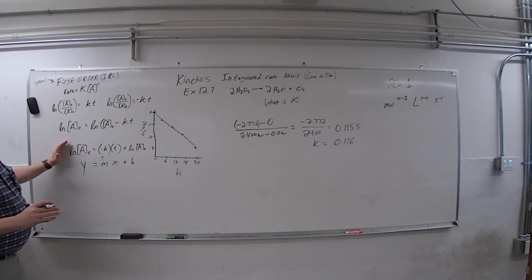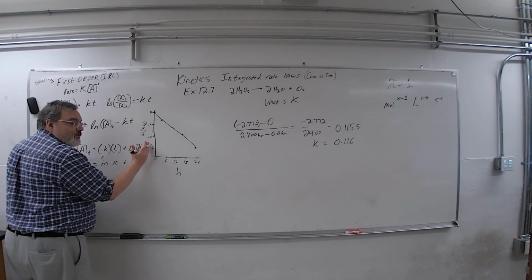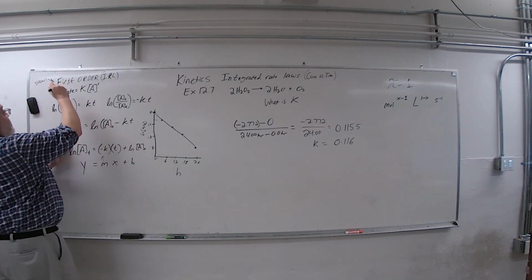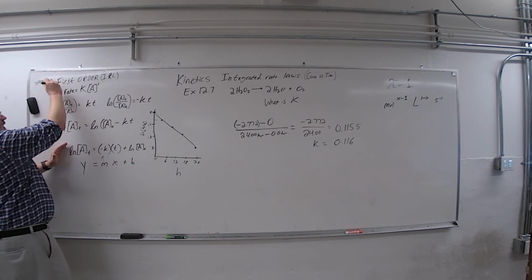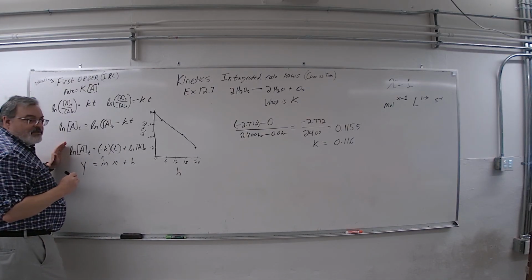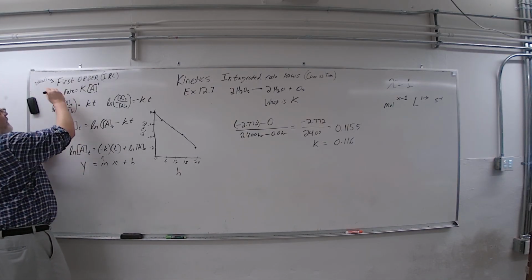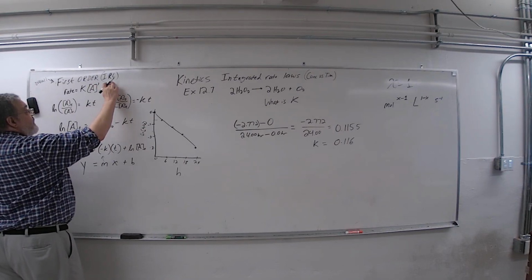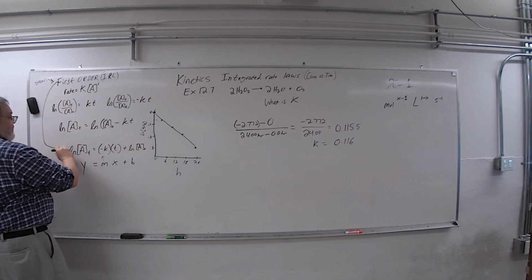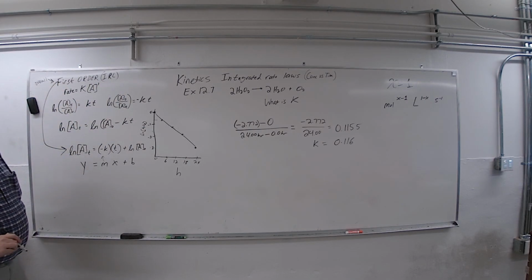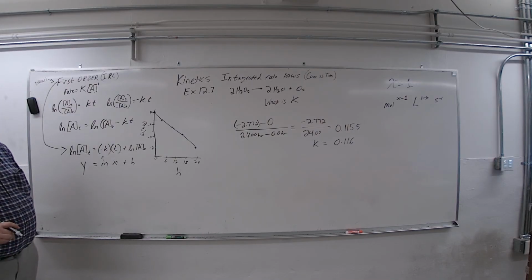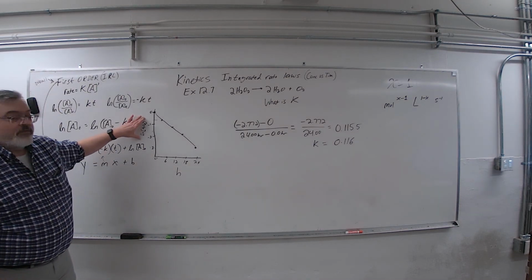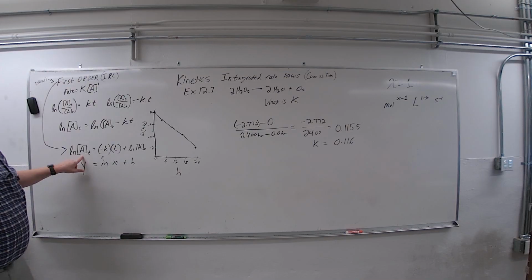And again, your intuition isn't going to be able to see why this is first order. I'm just telling you, if you're looking at a list of equations on a page to help you answer questions, you look at first order, integrated rate law, and you go, if it fits that and it's linear, then it's first order. It'll have time on the x-axis and natural log of this there. And if it's linear, then it's first order.